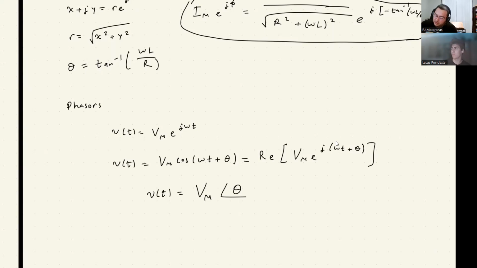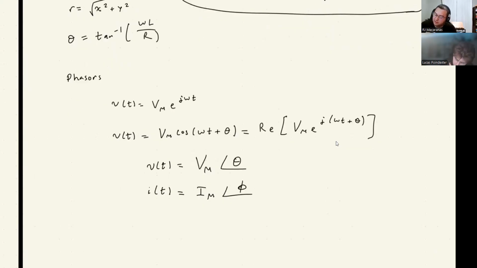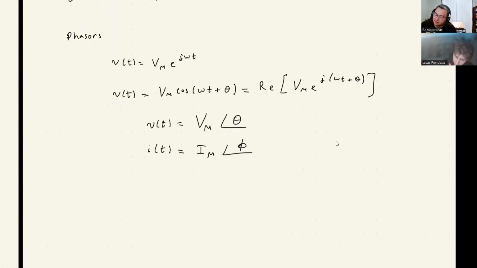So we will start expressing voltages and currents in this phasor notation. Again, these two will typically have different phase angles associated with them, but we'll see that for a resistor, they actually have the exact same phase.